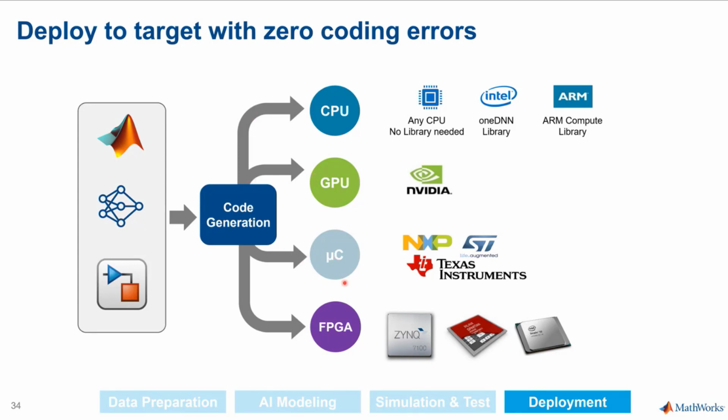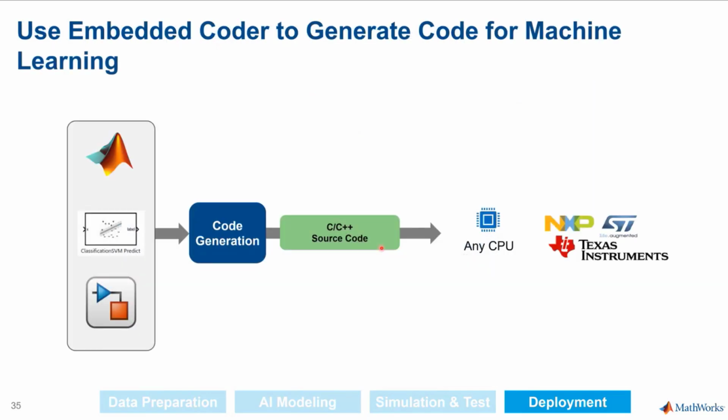In our case, we wanted to deploy the state of charge algorithm on a microcontroller. In the case of machine learning models, you can generate C or C++ source code that you can deploy on any CPU.